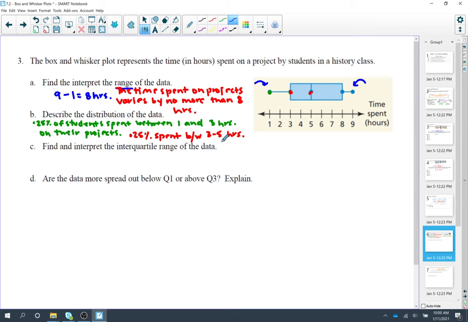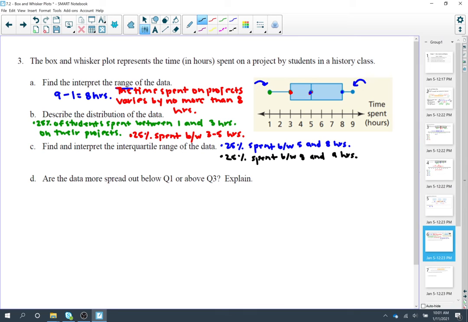And then I'm going to say 25% spent between 5 and 8 hours on their projects. And then lastly, 25% spent between 8 and 9. So you just kind of tell me what's going on there.